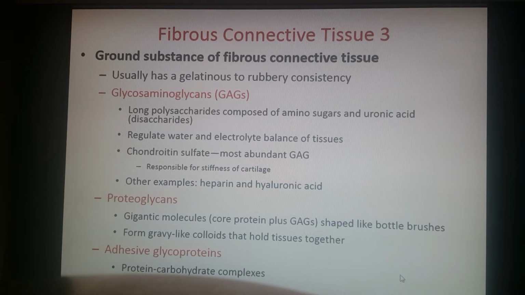The most abundant one is chondroitin sulfate. You've probably seen this in the vitamin section at the grocery store, where they actually sell this molecule by itself. It's necessary for the stiffness in cartilage.